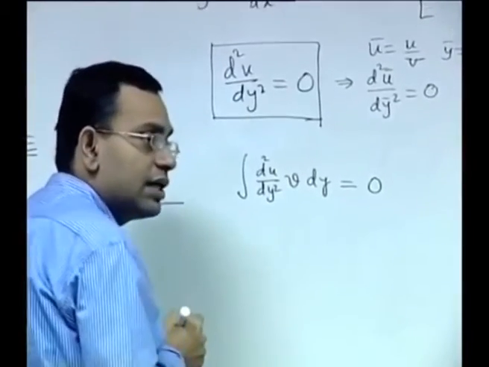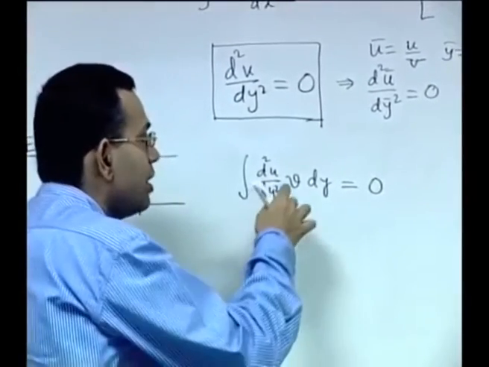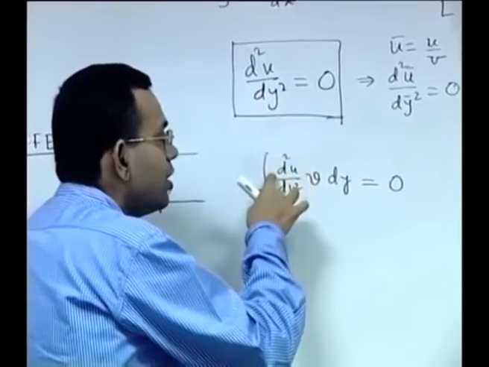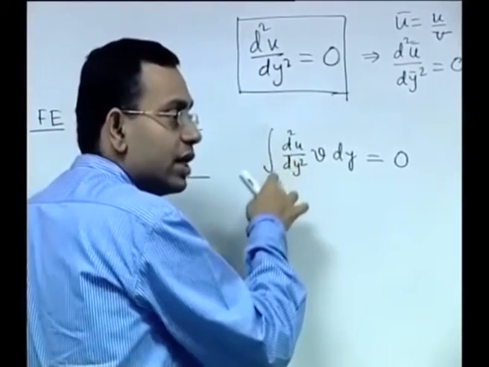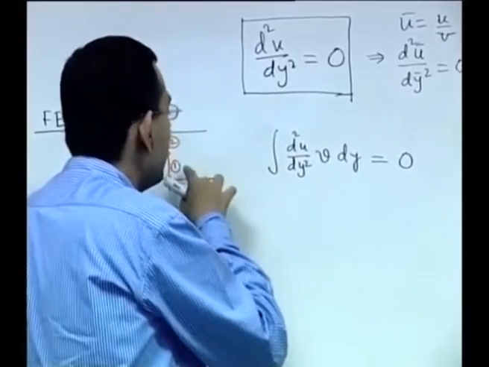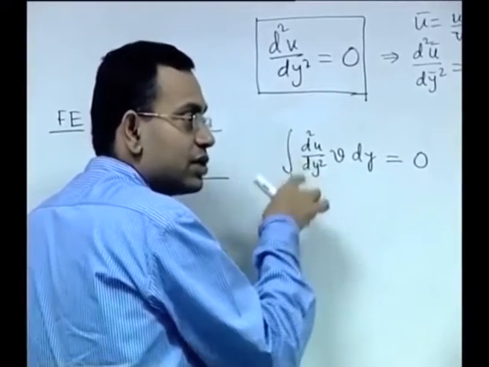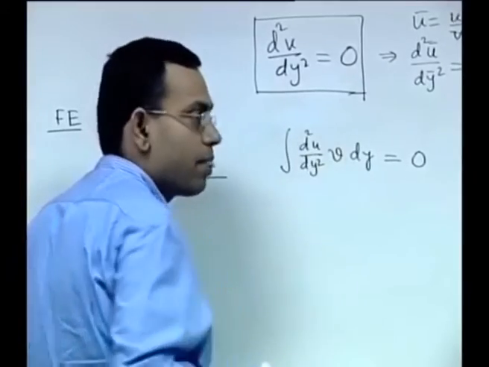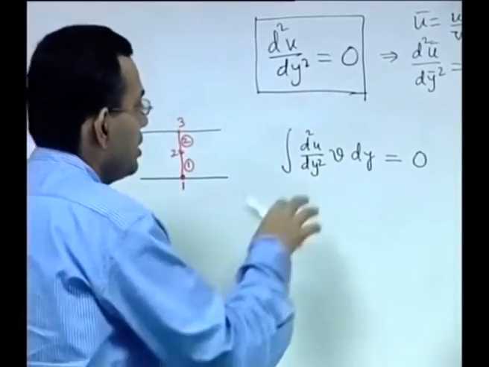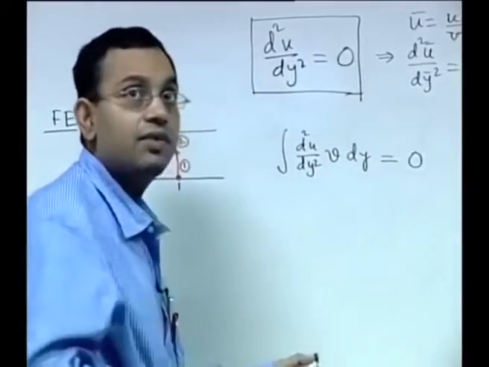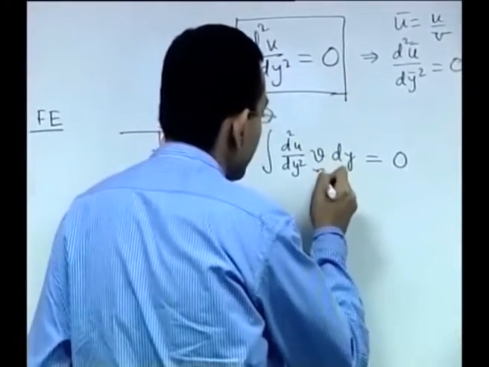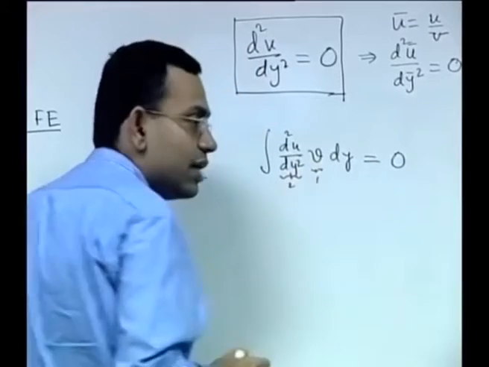And then we integrate it by parts if it is possible, because that will reduce the requirement of the continuity in the order of the highest order derivative. Because we have used a linear element, at the most first order derivative we can accommodate. So let us consider that one. So we integrate it by parts by considering v as the first function and d2u dy2 as the second function.